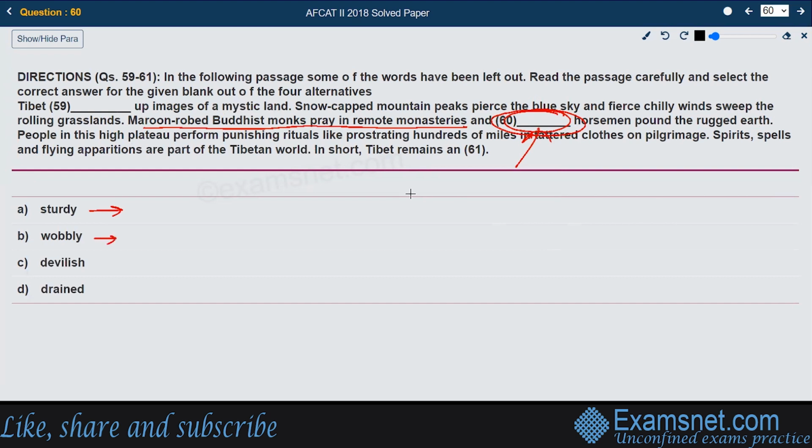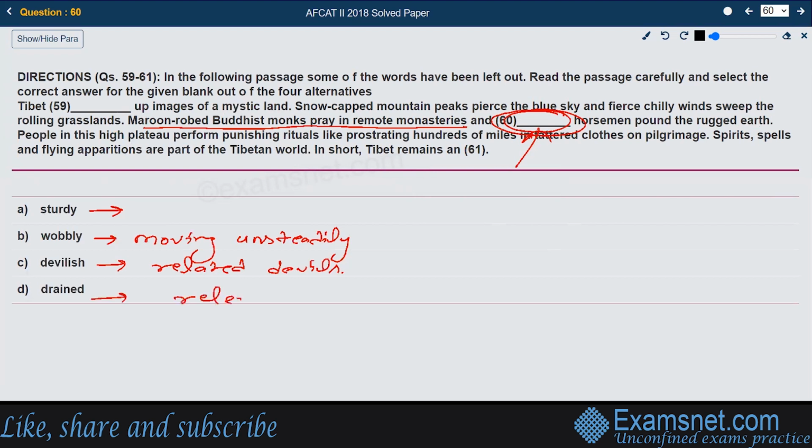What does wobbly mean? The word wobbly means moving unsteadily. Another word is devilish. Devilish means something related to devils. Another word is drained.